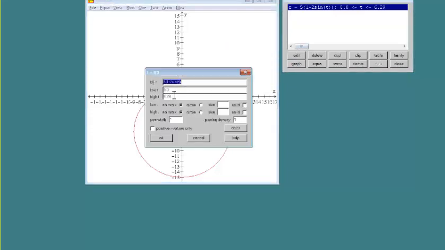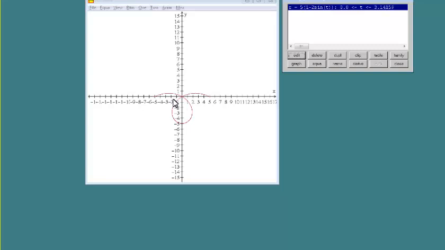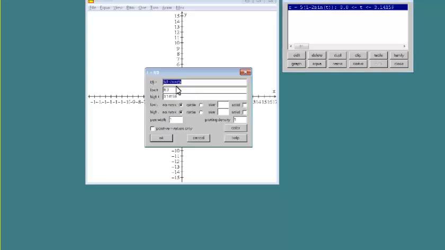If we wanted to cut it smaller, we could go to 3.14159, that would be pi. Let's see if it changes. Okay, you see we only get part of it. So it looks like it has to be 2 pi to get a full range.